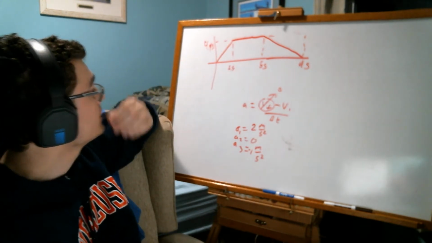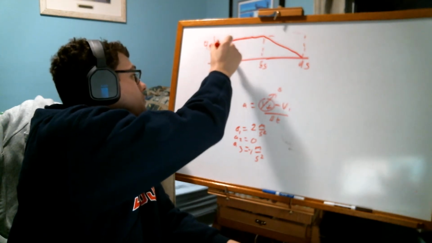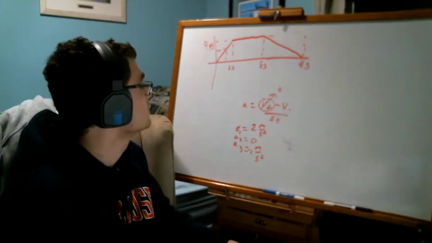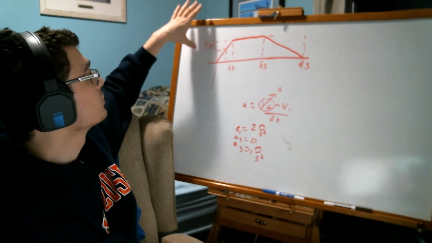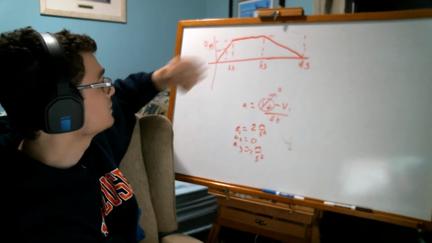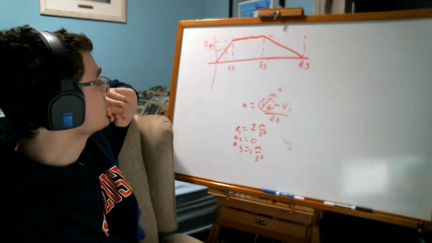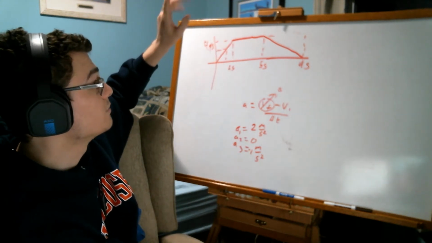So say if you were to take a 1 second interval here, because we're trying to do this as accurately as possible, you can take another subdivision here. And so then, since it's uniform acceleration, you're going to have that this is going to be 2 meters per second at 1 second. And so then you can see that this triangle here is going to be 1/2 BH.